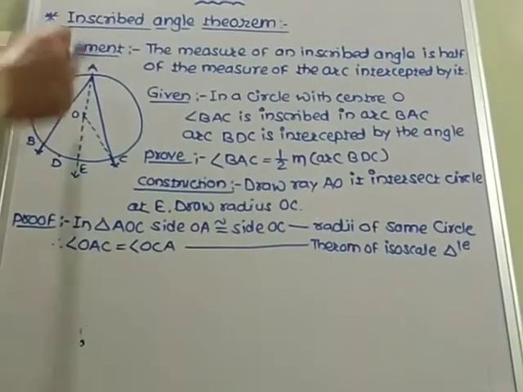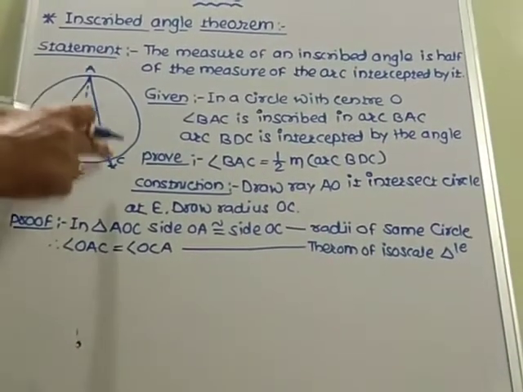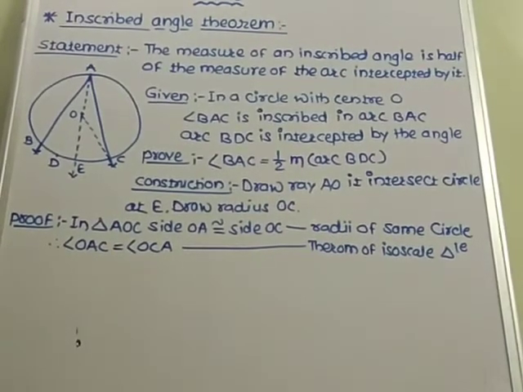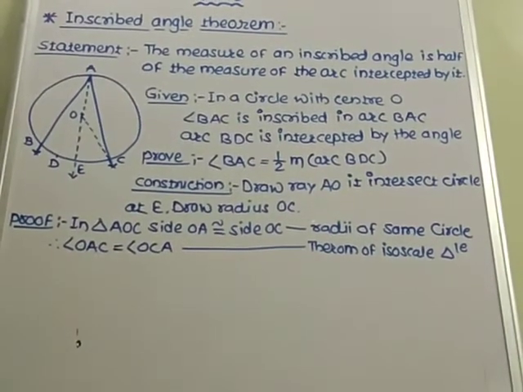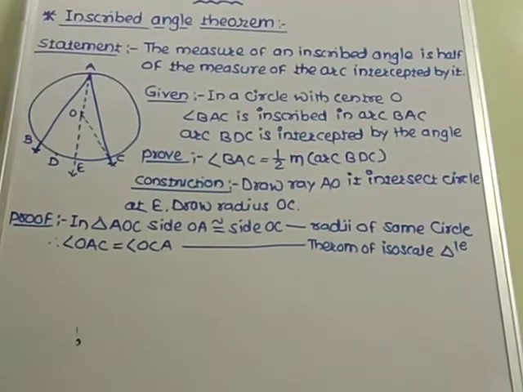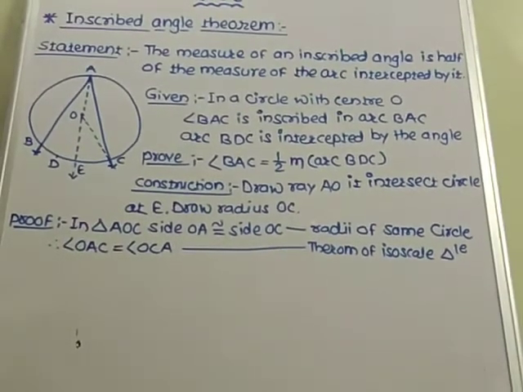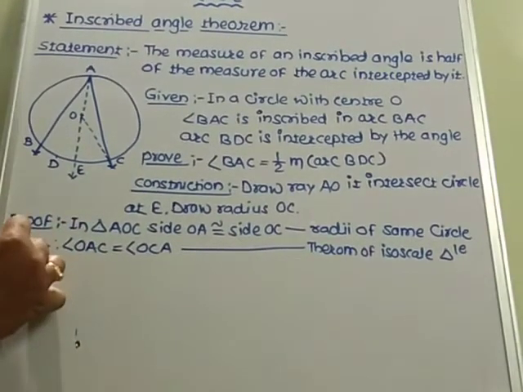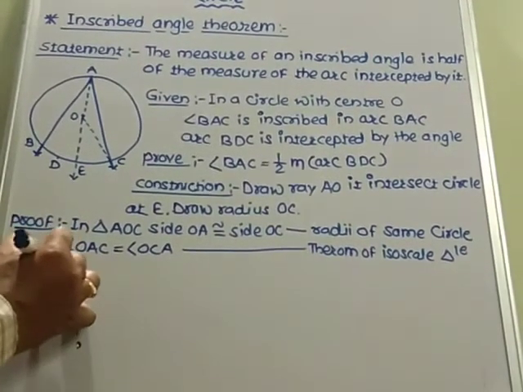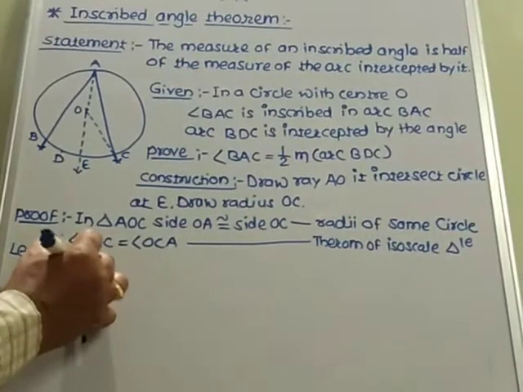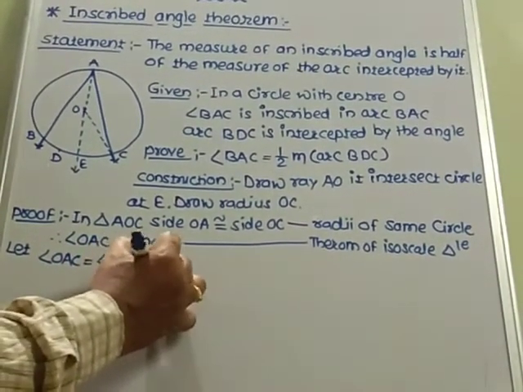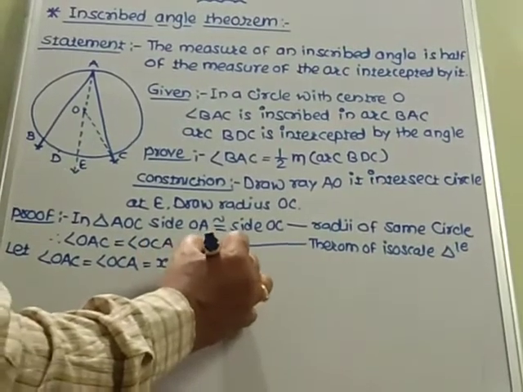Angle OAC is equal to OCA. That is the theorem of isosceles triangle. Let angle OAC be equal to angle OCA, equal to x, equation first.